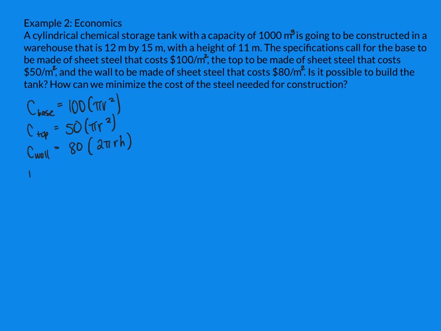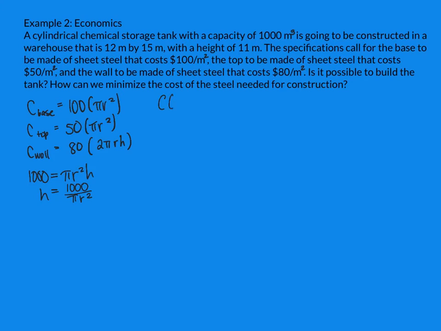And since we want to build something that has the capacity of 1,000, we know that's true, which means we can rewrite H in terms of R. So we're going to make use of that as well.